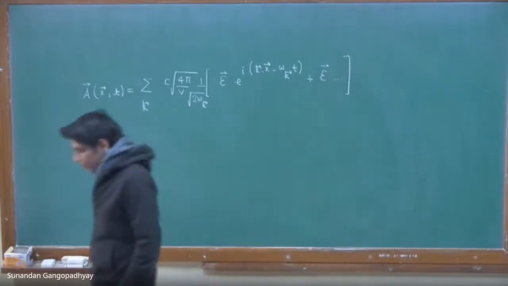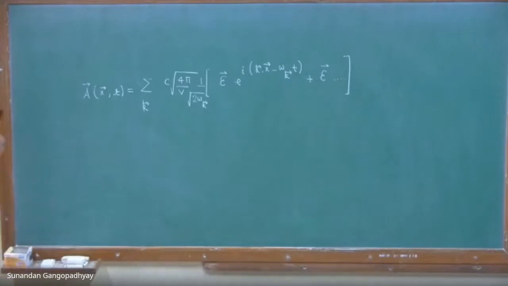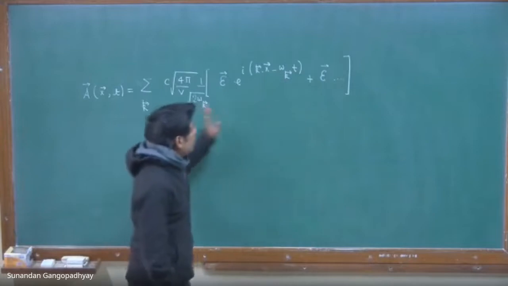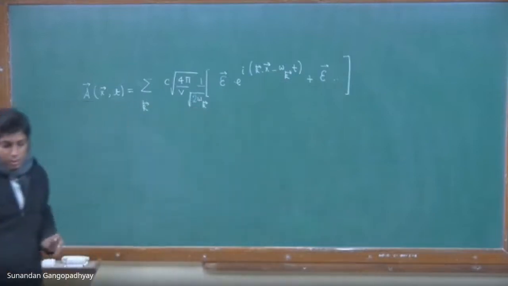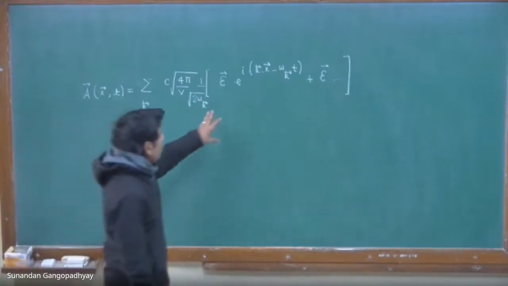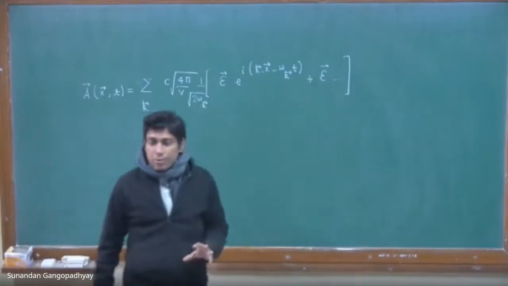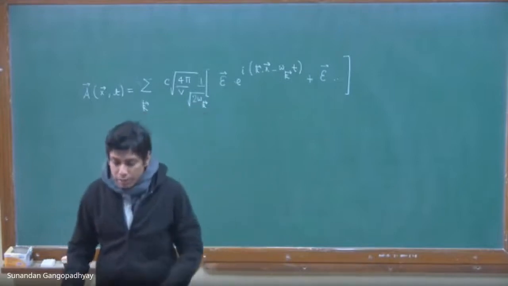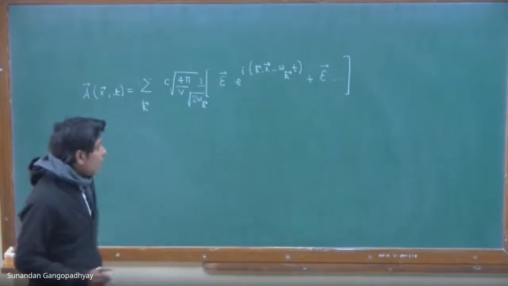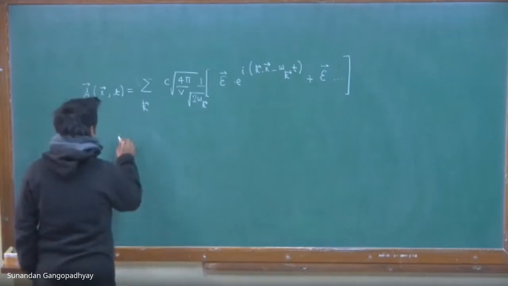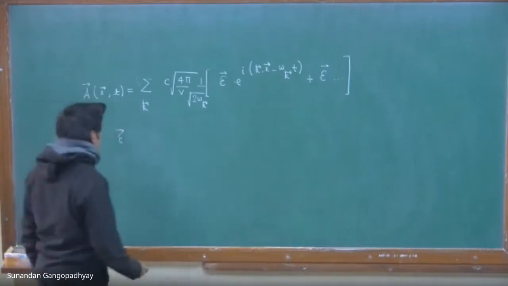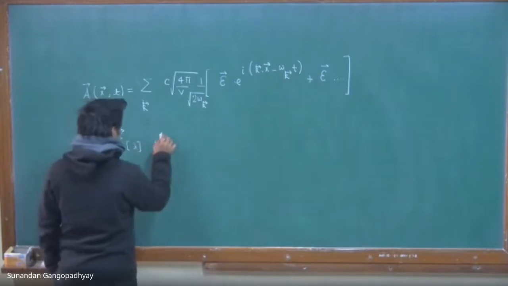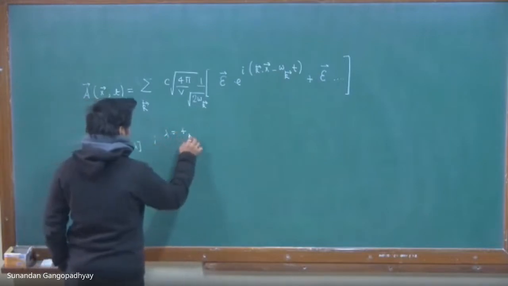So we wrote something like this, and we also discussed the possibilities of this plane electromagnetic wave to have linear polarizations, in which the epsilon vector becomes the unit vectors (1, 0, 0) or (0, 1, 0). So this is a linearly polarized plane electromagnetic wave. In the other case the polarization can be circular, and there the epsilon vector is something like this, where lambda is plus or minus.